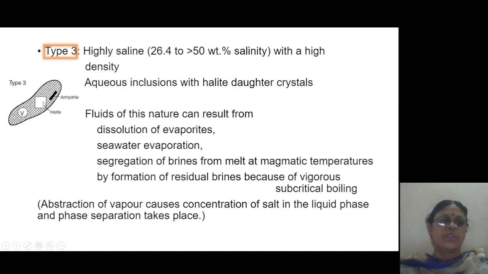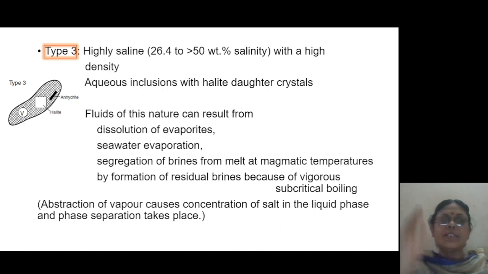This is a halite crystal, this is an anhydrite crystal, which have crystallized because of high saturation of the component, like in the case of halite, NaCl. When the fluid gets saturated, it forms the crystals.